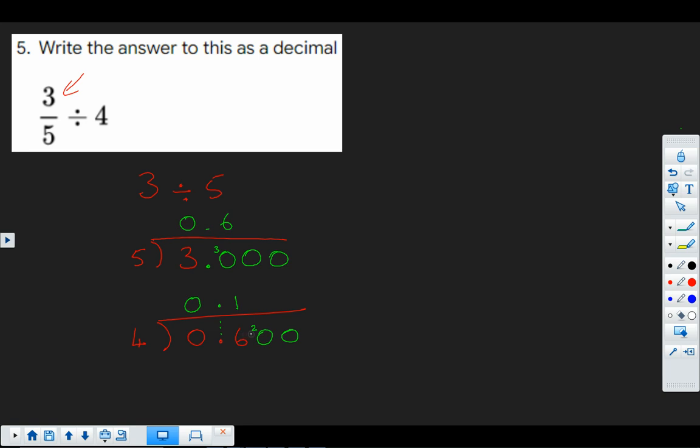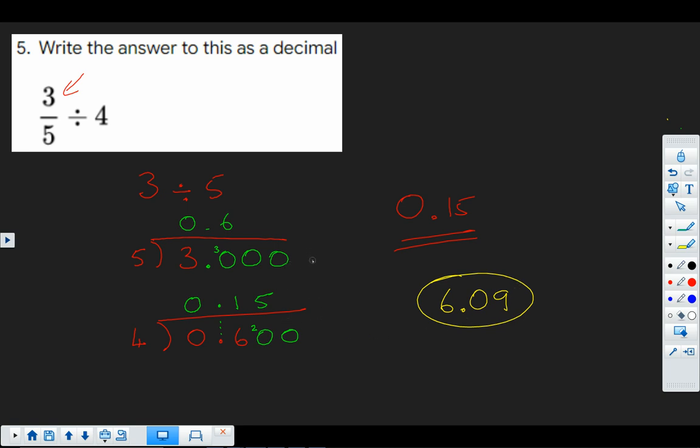How many 4s go into 20? Answer, 5. So there we have our answer as a decimal, 0.15.